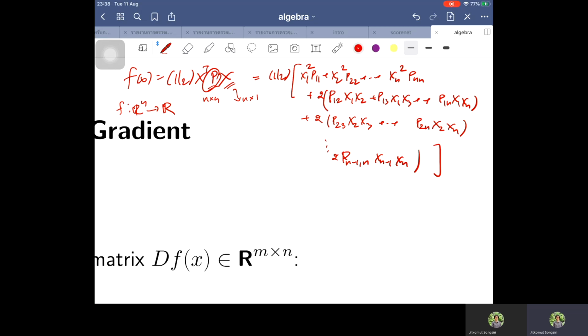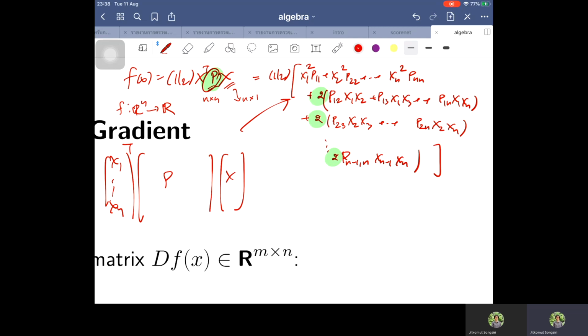I hope this expansion is clear. You maybe need to review a little bit how to expand the quadratic form. And I hope you understand that the factor 2 appears because the matrix P is a symmetric matrix. Just multiply this out, and then you get this.